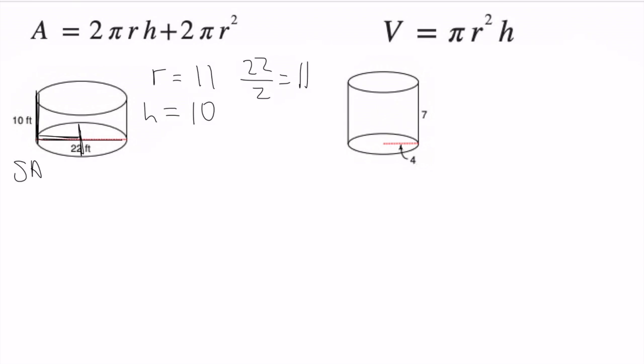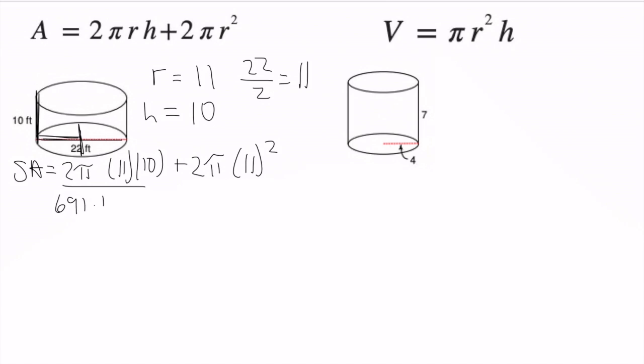So our surface area equals 2 pi times 11 times 10 plus 2 pi times 11 squared. This right here will give us 691.15 plus this, which would be 760.27.